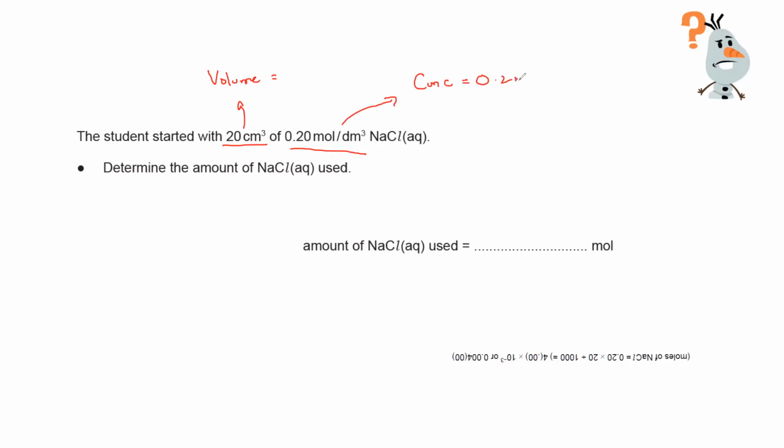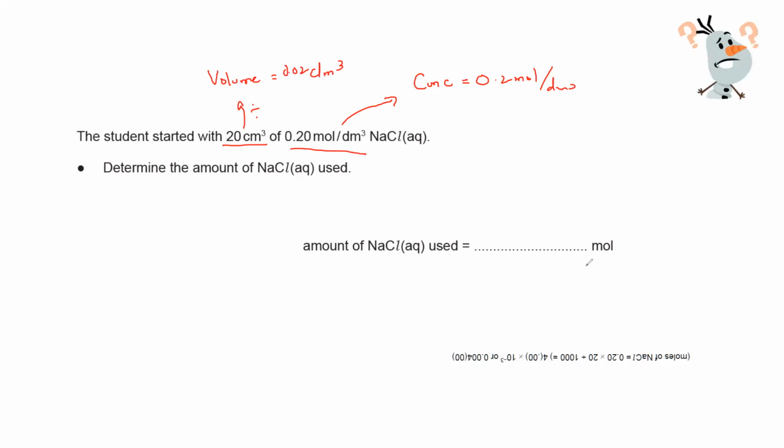But in most questions, the volume is given in cm cube, so you have to convert into dm cube. If I want to convert the volume into decimeter cube, what should I do? Divide by 1000 or multiply by 1000? Centimeter cube to decimeter cube, I'll divide by 1000. So 20 divided by 1000 equals 0.02.